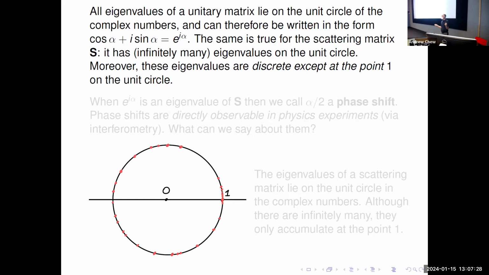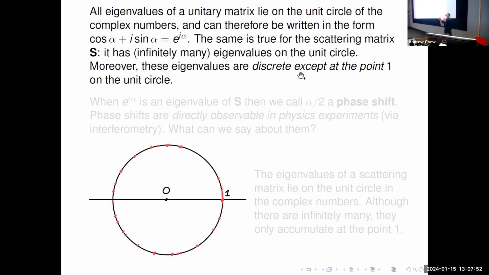So that's not a matrix, or if you can think of it as a matrix, it would have infinite rank. So it's an infinite dimensional operator. So it has infinitely many eigenvalues, but they are all on the unit circle. And even more than that, we can say that these eigenvalues are discrete except at the point 1.